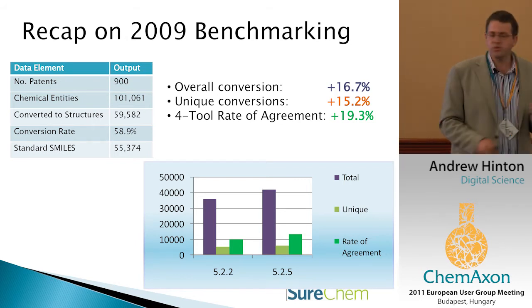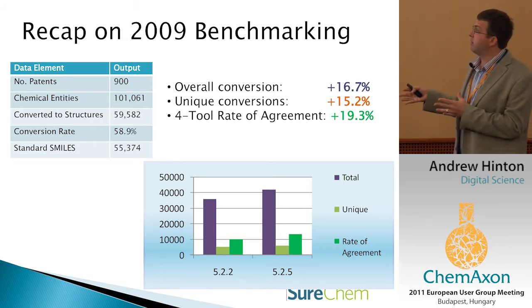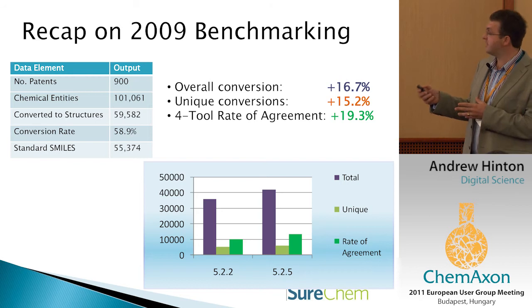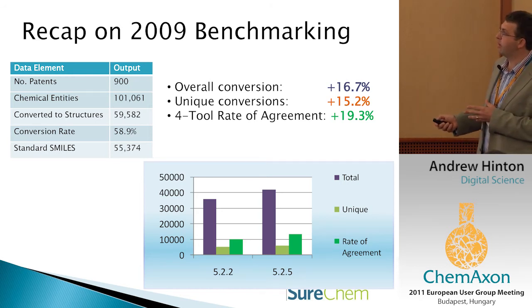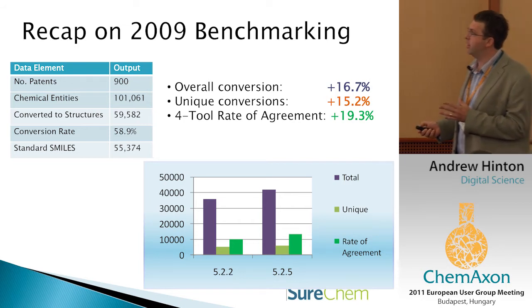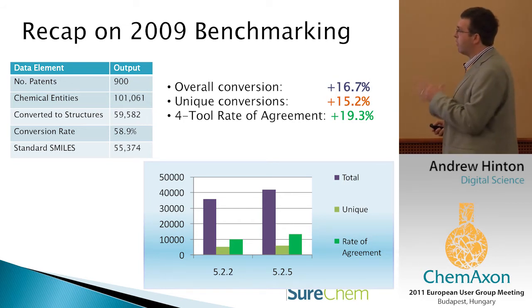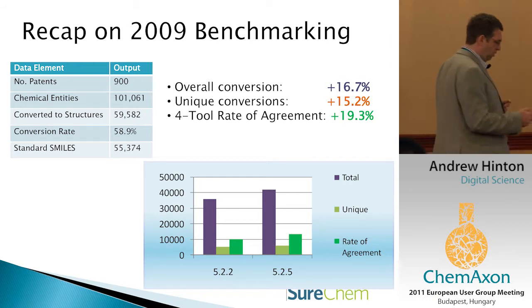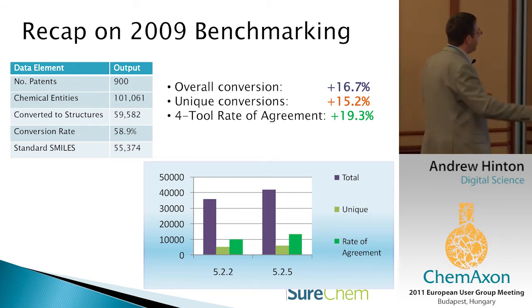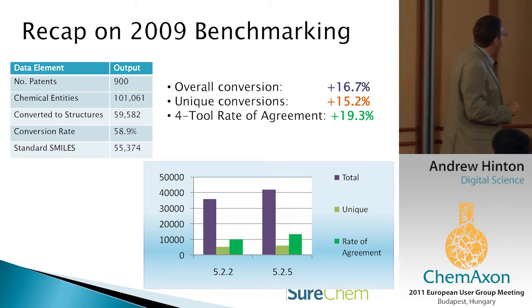So that was where we are. That's where we were today, and in a sense, that was where we were also in 2009. That central workflow hasn't changed that much, and so we were able at that point to do a small analysis on benchmarking in 2009.